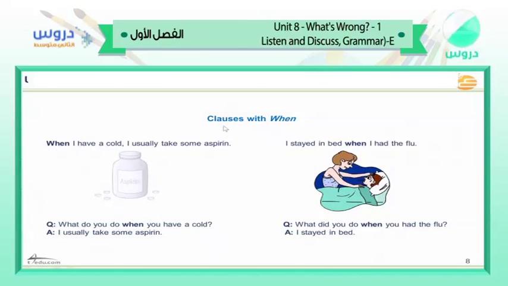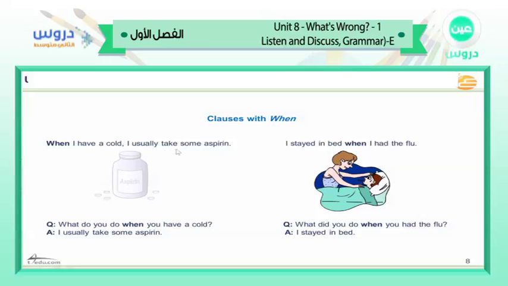Now we have the other part, which is clauses with when. How can we use when and where can we use when? We have an example. For example, when I have a cold, I usually take some aspirin. When I have a cold, this is the first part, the when clause. I usually take some aspirin.